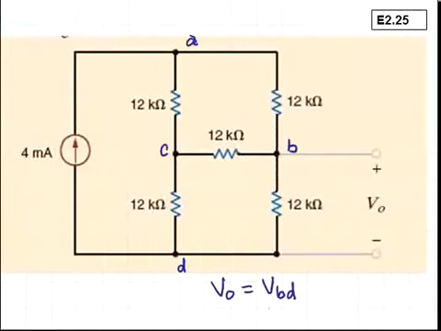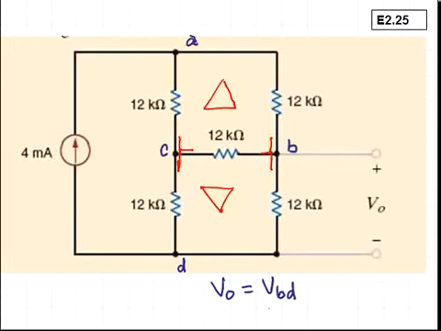If we look at this enlarged view of the circuit and consider the possible Y and delta configurations, we have a delta in this upper mesh, a delta in the lower mesh, and wherever we have three resistors tied to a node, that would form a potential Y connection.